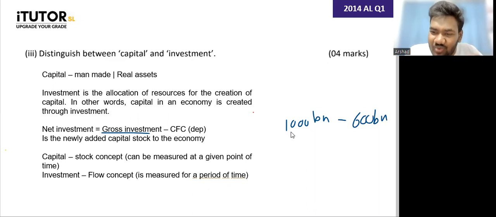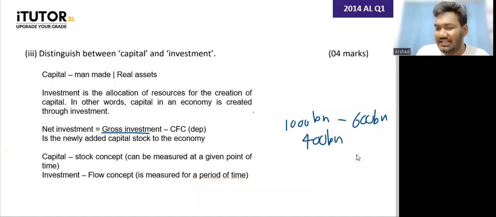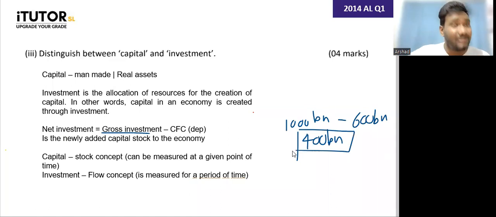So what is the new addition to our capital stock this year? It's that 400 billion, no? That is what I'm saying here, guys. Net investment is the newly added capital stock. So this 400 billion is what is newly added. Is that okay? So you can write that also in your answer.